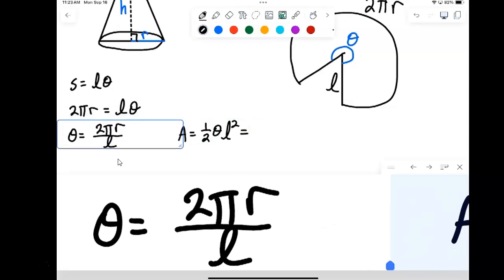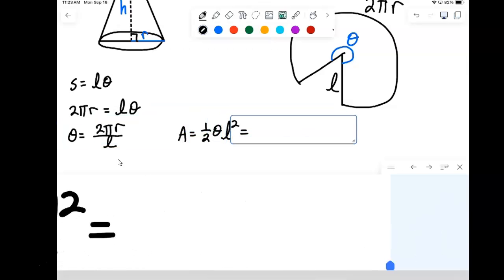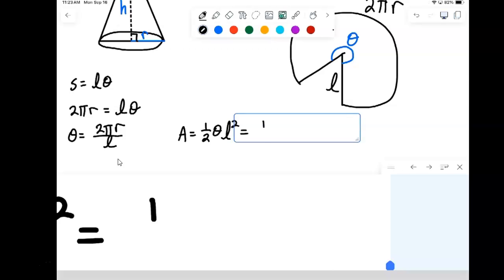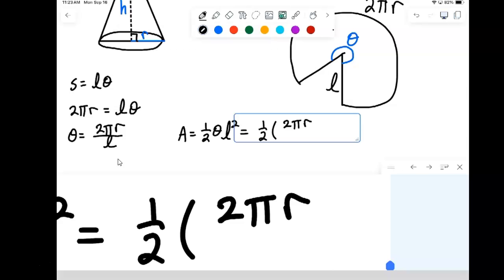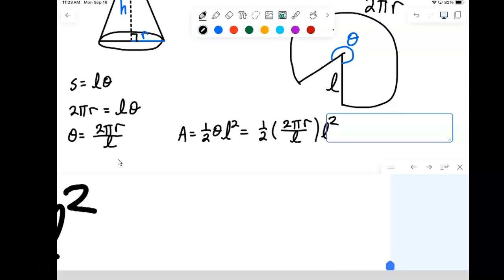So putting in our angle that we now have in terms of L and r, we get one half times theta, 2 pi r over L, times L squared, and then we simplify that.